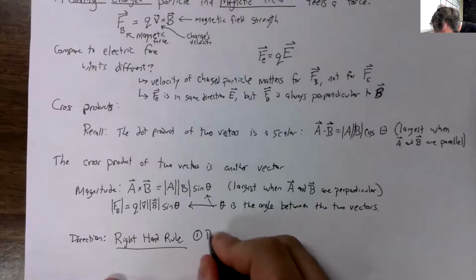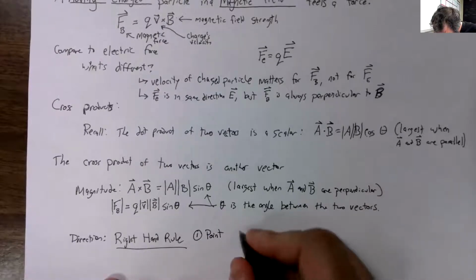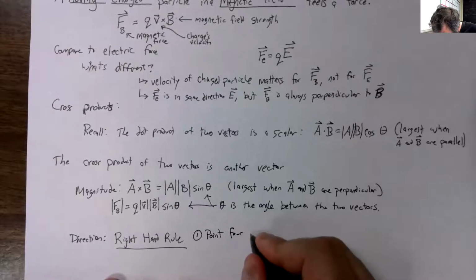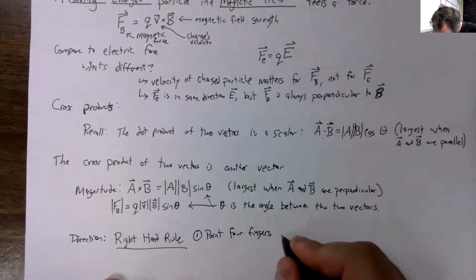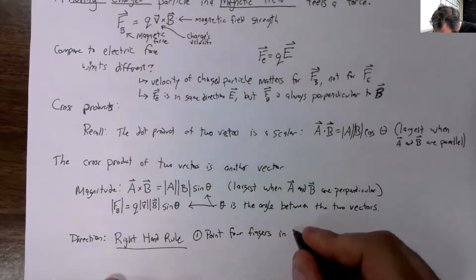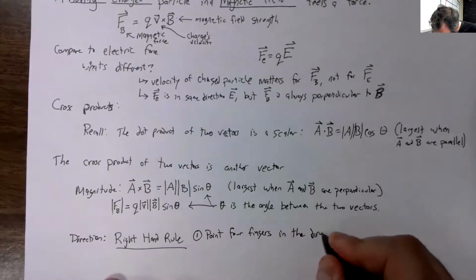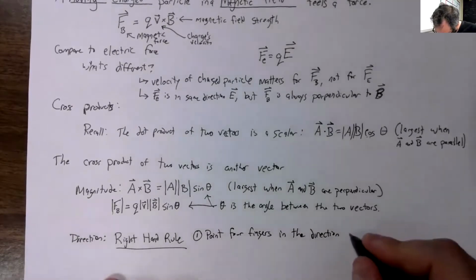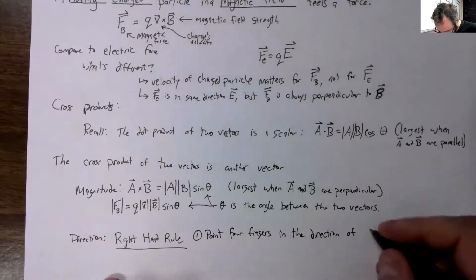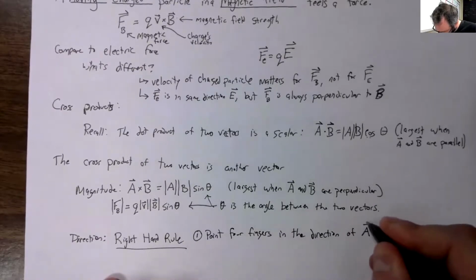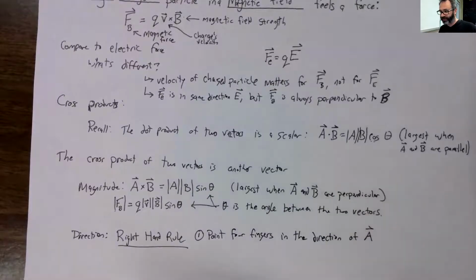Step 1, point your 4 fingers in the direction of the first vector. We'll call that vector A, like we did here.